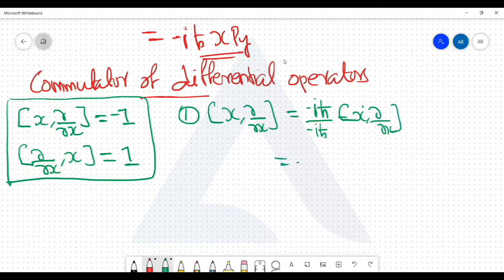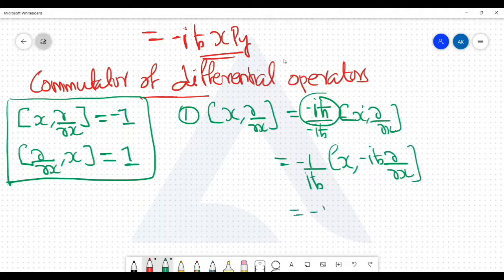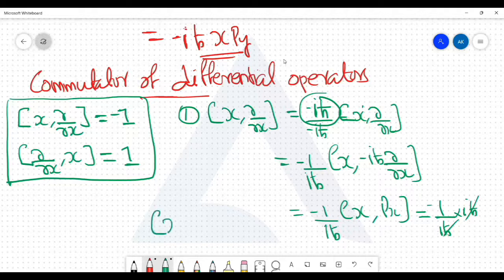So this is simply minus 1 by iħ, x. I am taking this part inside, minus iħ ∂/∂x. That is minus 1 by iħ. What is this? Minus iħ ∂/∂x is px. x px is iħ. Therefore, minus iħ into iħ. The iħ cancels. You get x ∂/∂x is simply minus 1.